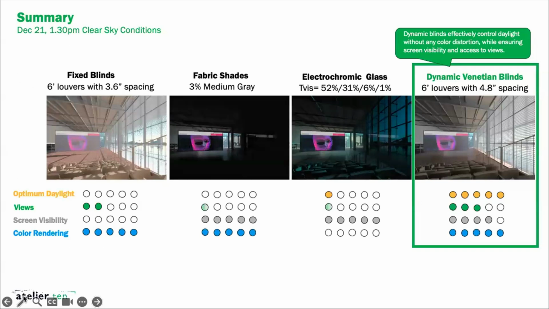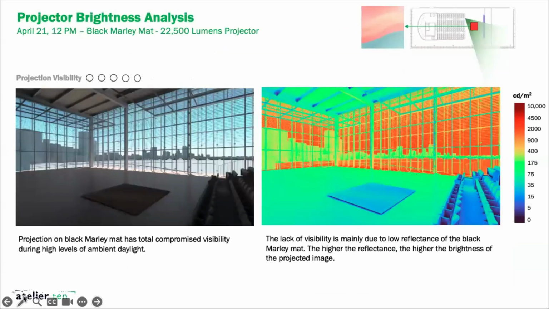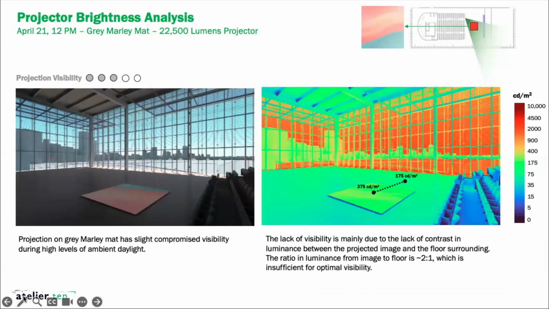And the reason for the second question, why we used the contrast between the projected image and the surrounding and the ambient light level at the floor itself, is to understand, within the field of view that we have, whether the luminance ratio is going to be sufficient to have the projection visible.